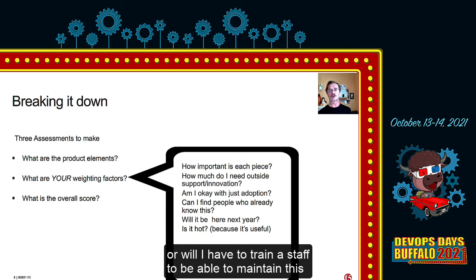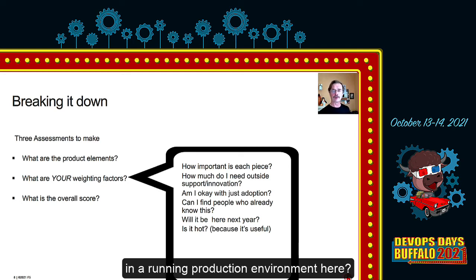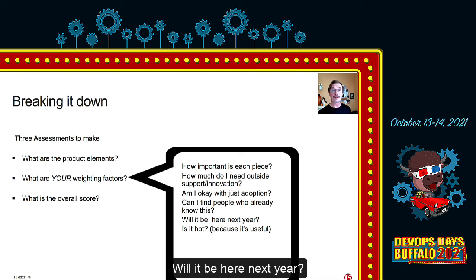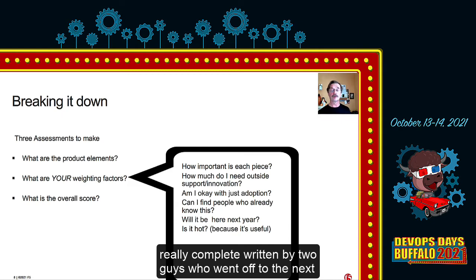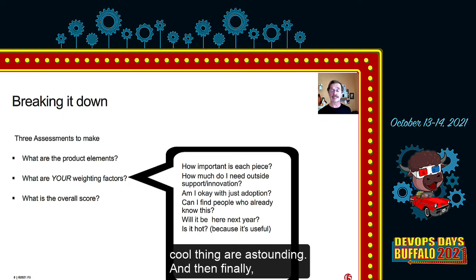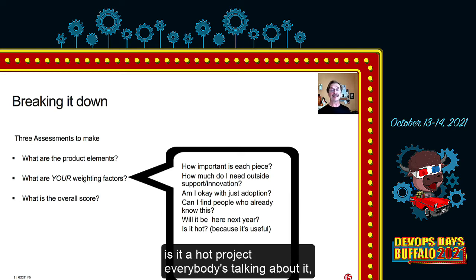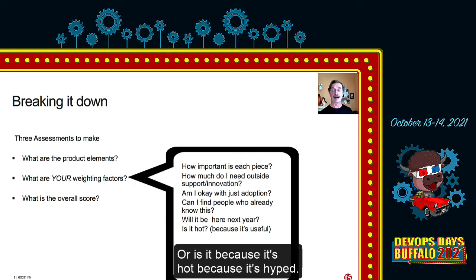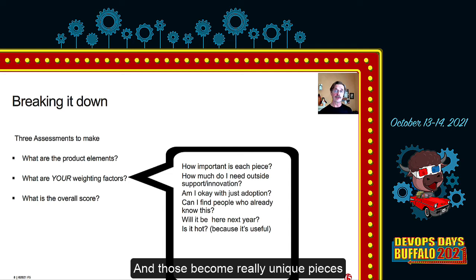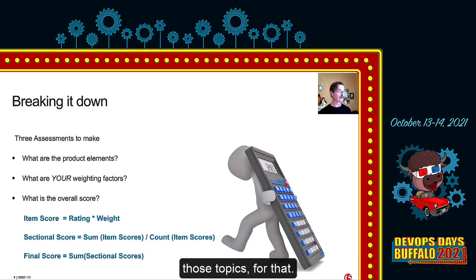Or will I have to train a staff to be able to maintain this in a running production environment here? Will it be here next year? The number of projects that are really cool, really complete, written by two guys who went off to the next cool thing are astounding. And then finally, is it a hot project? Everybody's talking about it, but is it hot because it's useful, or is it hot because it's hyped? And those become really unique pieces around your weighting across those topics for that.